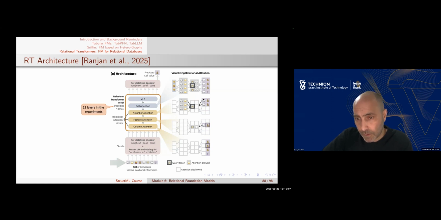If this is our node, then these are the neighboring attentions. And then the full attention to all of the cells in the context, and finally an MLP.